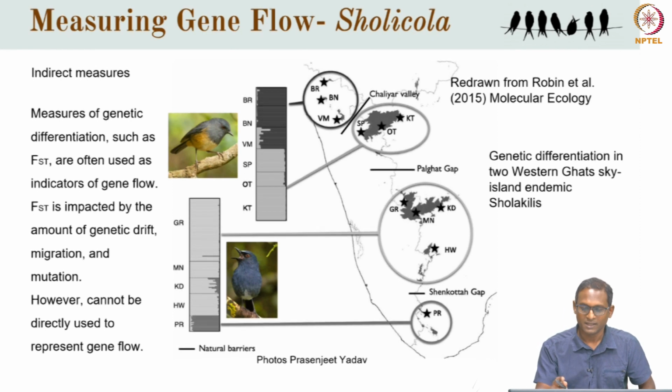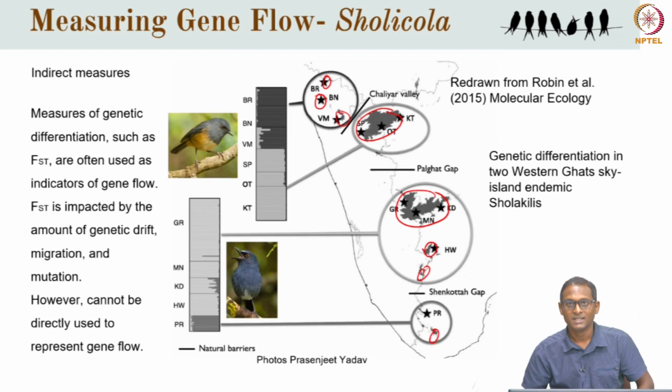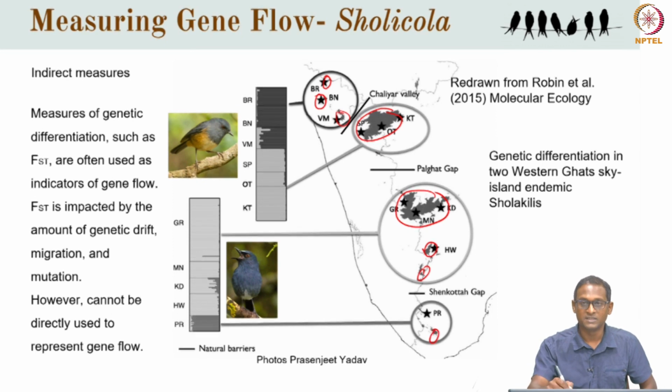What you see here is the Western Ghats, and these are mountain tops, with isolated populations of the Sholicola. What we did was we collected blood samples from all of these birds from different mountains, and we then used microsatellite data like the one that we described earlier to understand how alleles are shared between these populations.